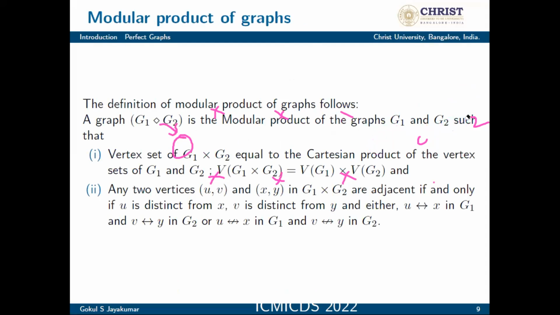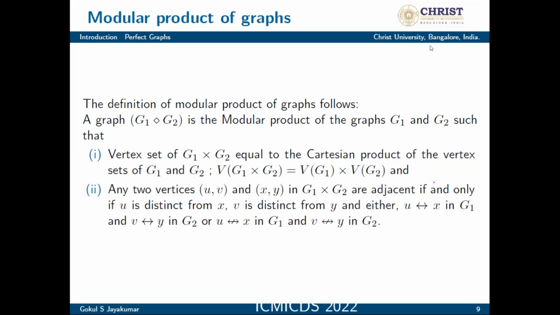Now we get into the definition of the modular product. A modular product of a graph G1 and G2 is such that the vertex set is the Cartesian product of the two graphs G1 and G2.